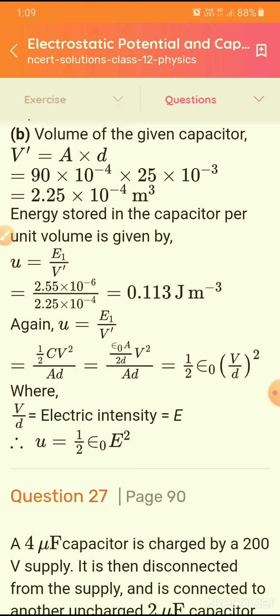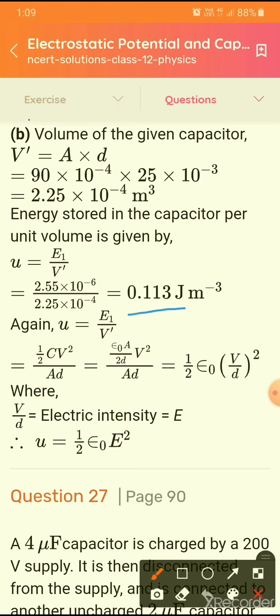Here is the formula for the energy stored in the capacitor per unit volume. The total formula for this value will be U is equal to half into epsilon naught E squared.